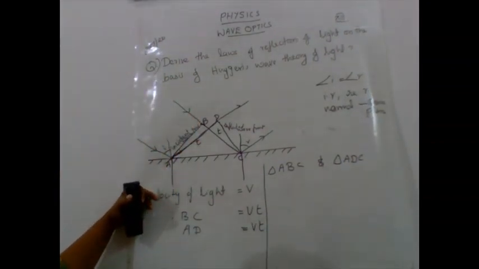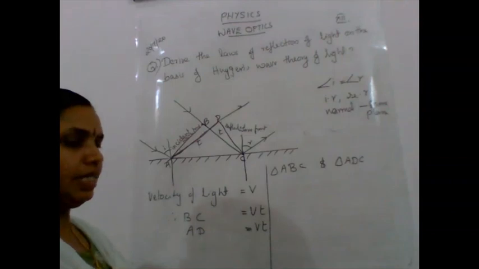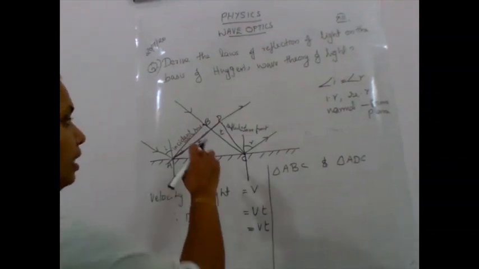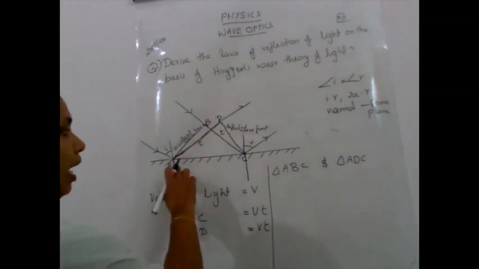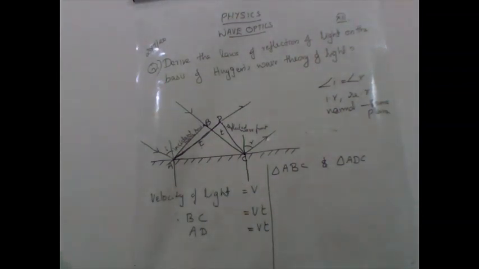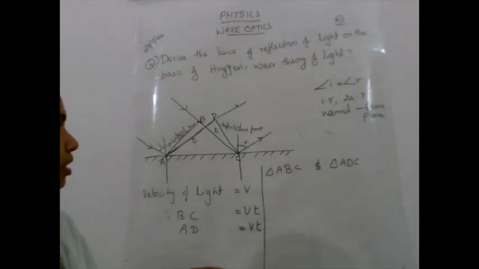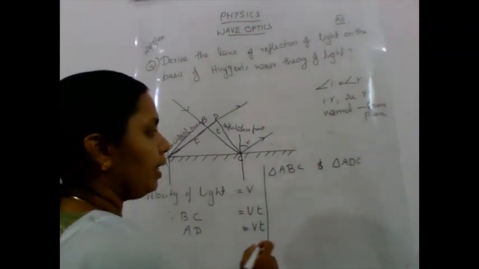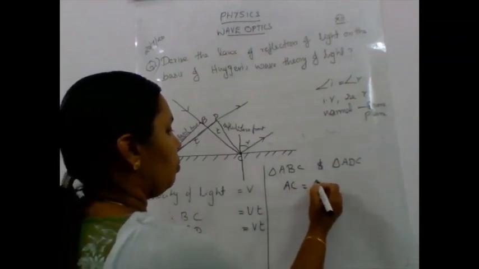In ABC and ADC, you can see that angles B and D are the same. And here AC is a common side for both triangles ABC and ADC. Then what can we write here? Comparing these two triangles ABC and ADC, we can write AC is equal to AC, isn't it?